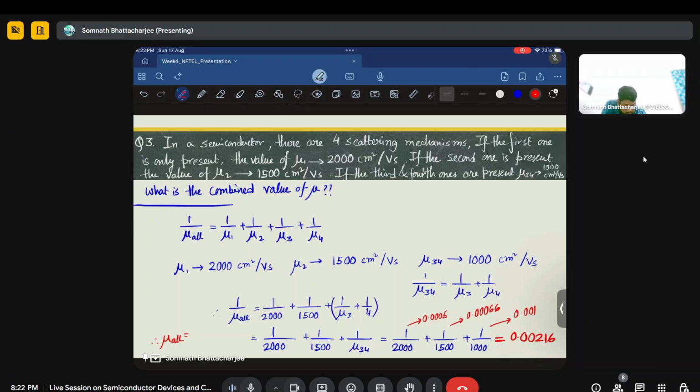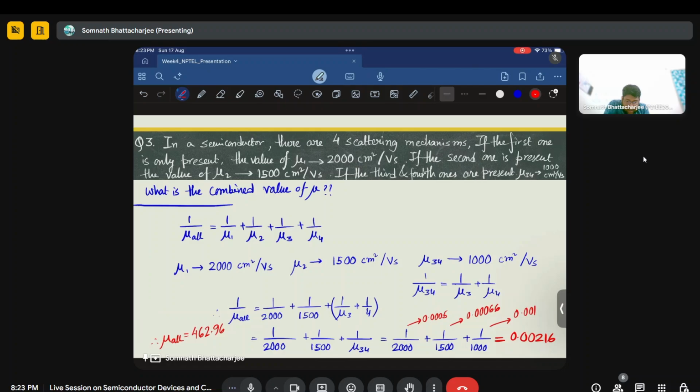The value I am right now getting is 462.96. But at that time I hadn't assumed anything, so I divided the total values. Let me do that again: 1 divided by 1500 plus 462.96. Yes, 462.96.